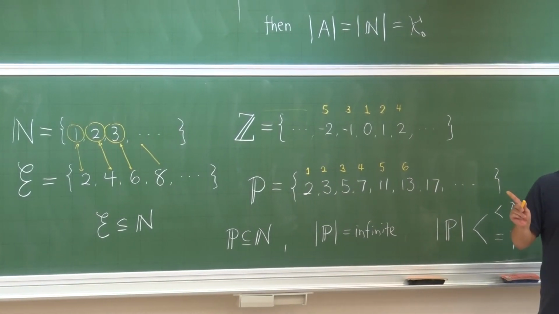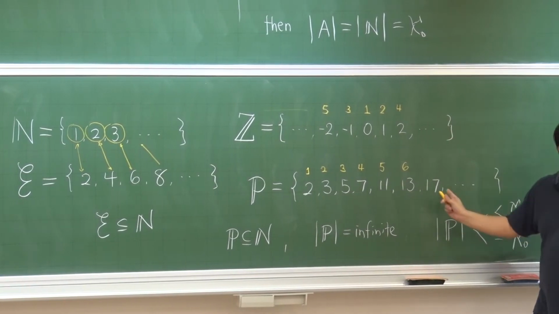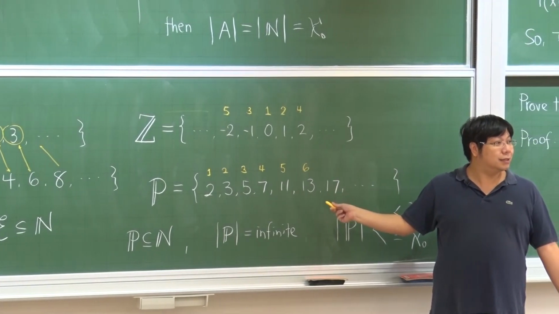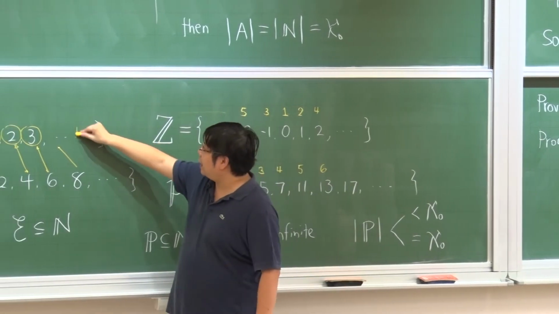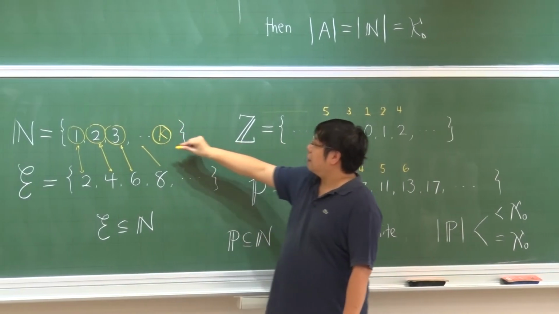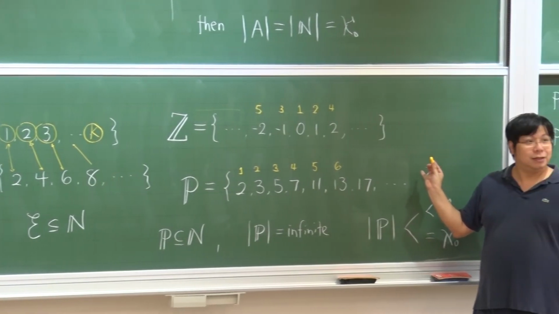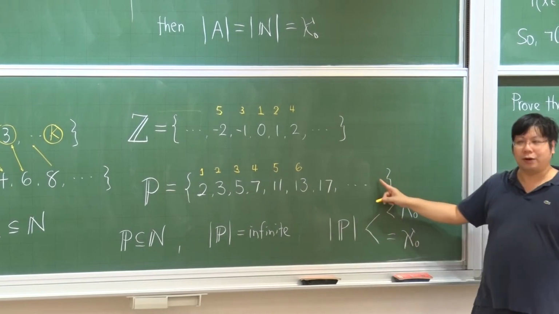The number 7 in N corresponds to the 7th smallest prime on the right-hand side. The number k corresponds to the kth smallest prime. So every integer in N, you can find a correspondence here.